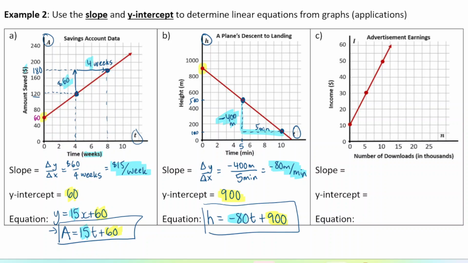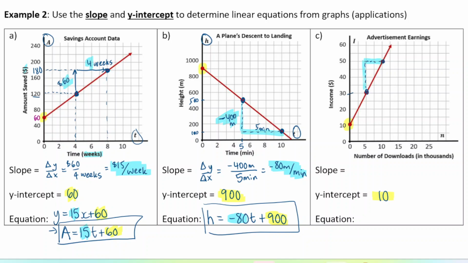All right, last one. I encourage you to try this one on your own. We've got our y-intercept of 10 here. And for the slope, we can pick any 2 points, it doesn't matter which ones. I'm going to pick this one and this one. I'm counting up, so it's going to be a positive slope as I go from left to right.